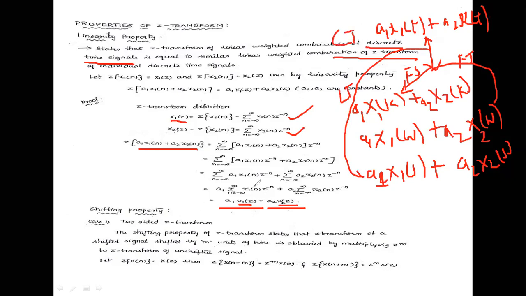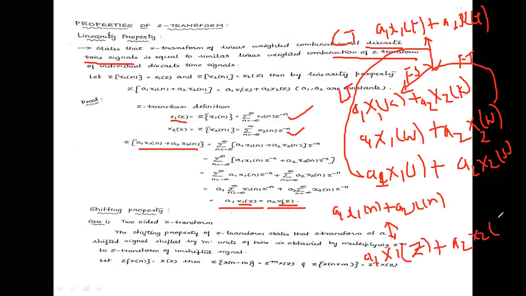But the Z transformation is discrete, for the digital analysis of discrete time signals. So now it becomes a1 x1(n) plus a2 x2(n), discrete time signals. What is the Z transformation now? a1 X1(z) plus a2 X2(z). The procedure is the same.